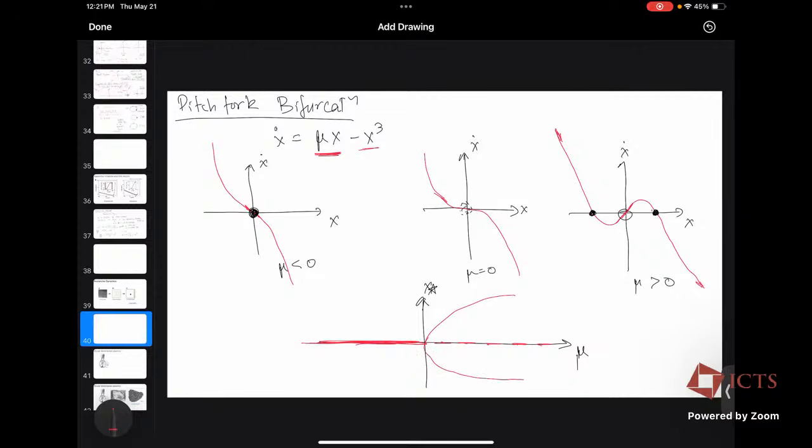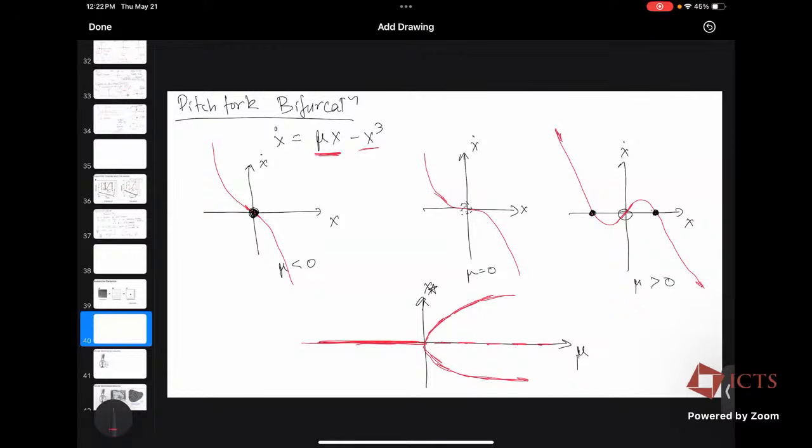Hopefully, you can convince yourself later that this will look like some kind of quadratic-like thing over here. So this is what's called a pitchfork bifurcation, because this kind of looks like a pitchfork. I don't know how many of you have seen pitchforks, but I guess this is what a pitchfork looks like. And so here you have an interesting thing where, as I vary my parameter mu, I have a single fixed point that changes its stability at the cost of the emergence of two other fixed points. Right? So when something like that happens, this is what's called a pitchfork bifurcation.